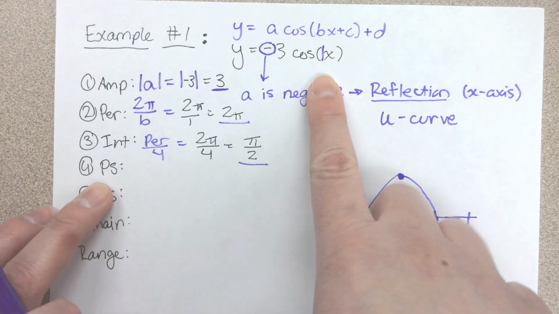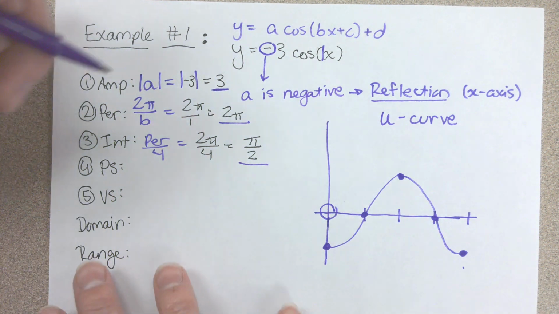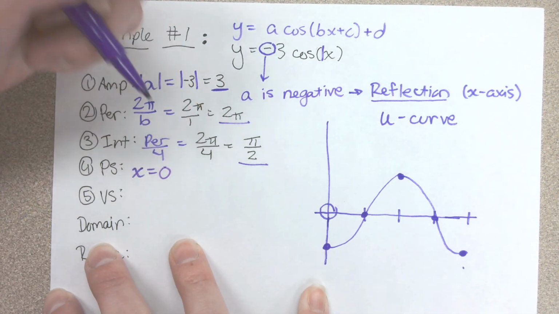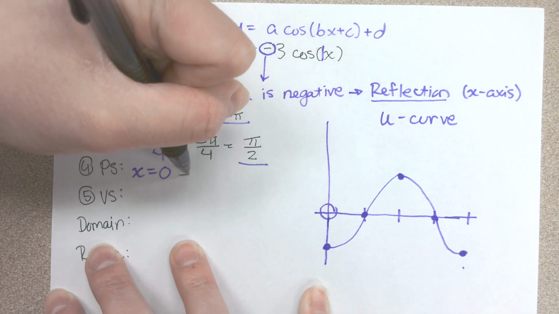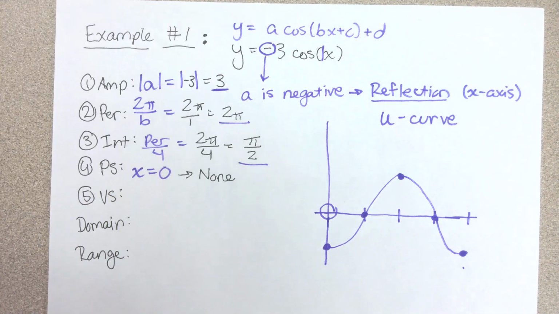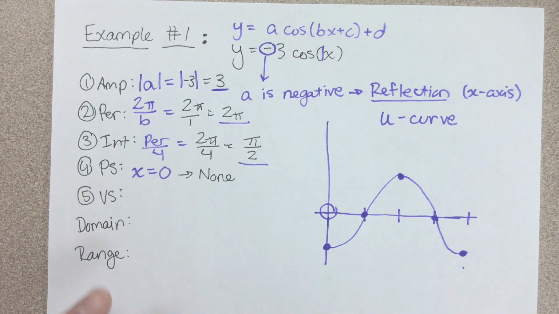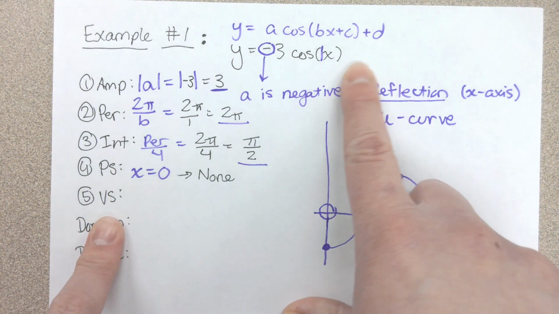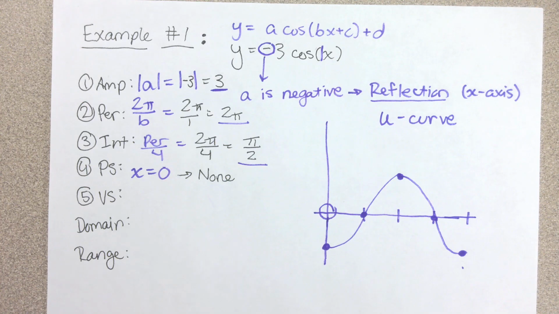Phase shift, if we were to put what's in parentheses equal to 0, we would get x equals 0. So that just means that there is no phase shift. So you'd write none. Or x equals 0 is fine too. Vertical shift, that's your d value at the end. We don't have one.